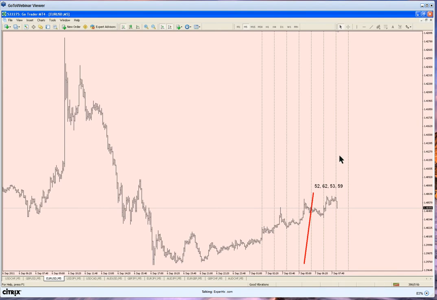So this hour that we're in right now is the first hour of trading, which would refer to that 62 number, which is the vibration rate that I'm going to be using. The 53 would then refer to the next hour, and the 59 will refer to the next hour. The 52 is where we're coming from.